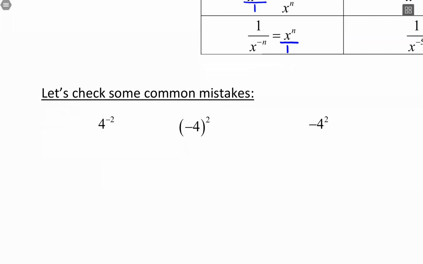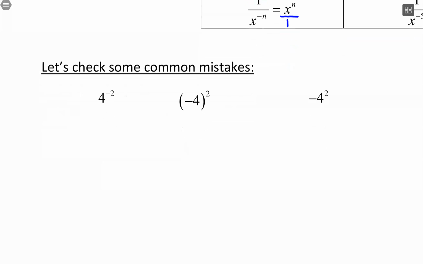The first example here is 4 to the negative 2 power. What can help when dealing with negative exponents is to think about your fraction, with a numerator and denominator. 4 to the negative 2 is starting in the numerator, so that needs to move to the denominator.